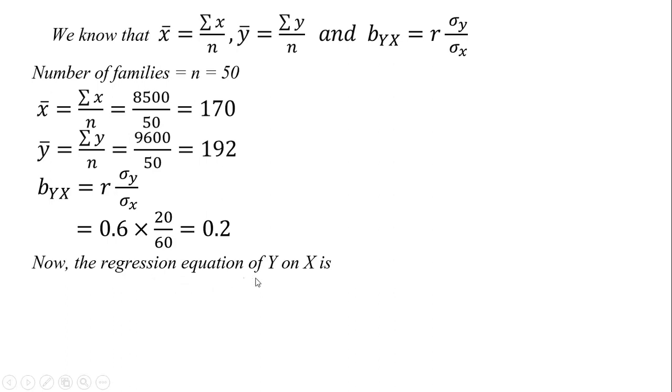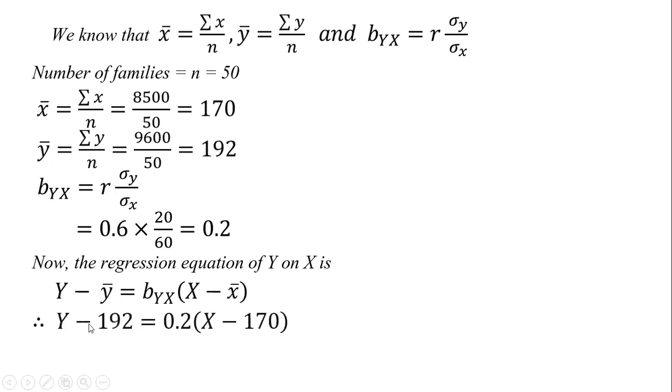Now the regression equation of y on x is y minus y bar is equal to byx into bracket x minus x bar. So we substitute these three values, y bar, byx and x bar here. Therefore, y minus y bar, that is 192, is equal to byx, which is 0.2, into bracket x minus x bar. Here x bar is 170.